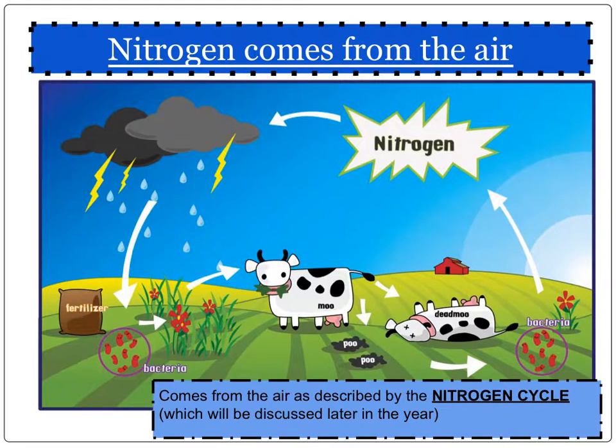It's from here that an animal can get that nitrogen needed for its nucleic acids by consuming the plant. And then the cow dies, and it's another type of bacteria that will either consume the poo of the cow or the dead body of the cow and send that nitrogen back into the air. And the process cycles, hence the name nitrogen cycle.